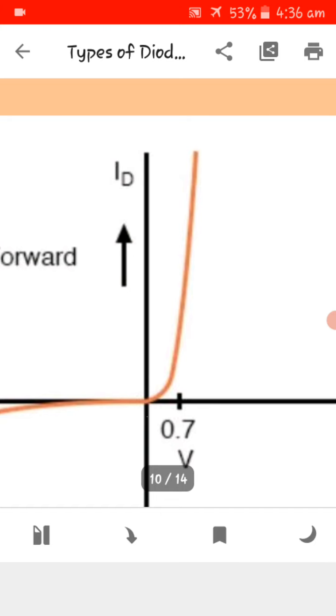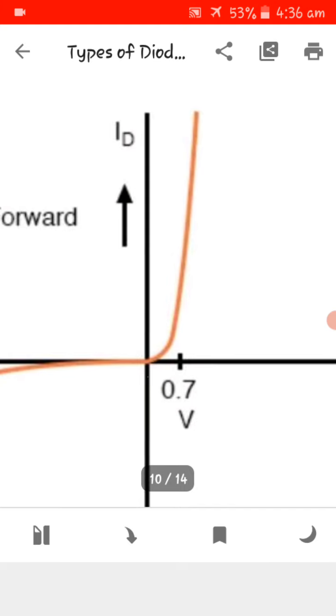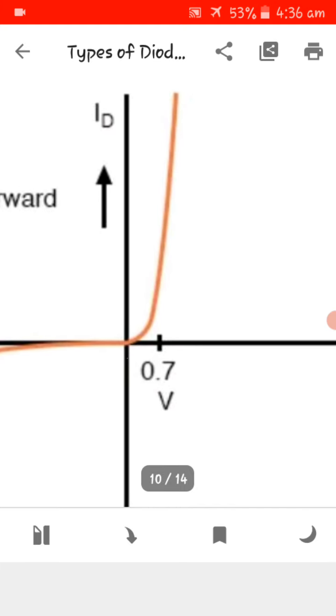Up to 0.7 volt a small current is flowing through the diode, and at 0.7 volt maximum current is flowing. So 0.7 volt is considered the knee voltage, and the definition of knee voltage is the voltage at which the current flowing through the diode increases rapidly.